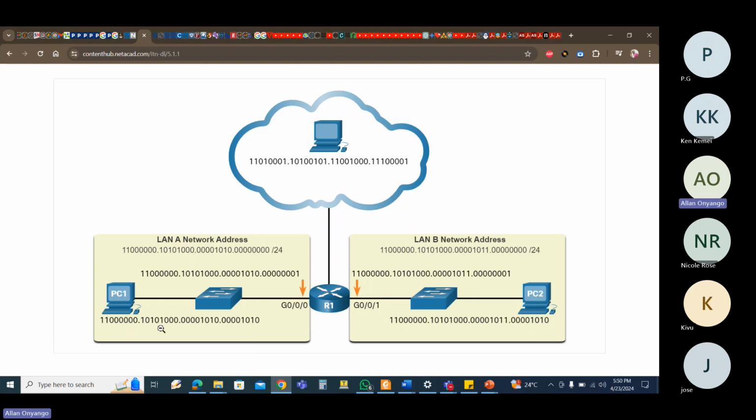This is how the PC sees this number. This should be .11.10. Yes, 2 plus 4. So this is 192.168.11.10.